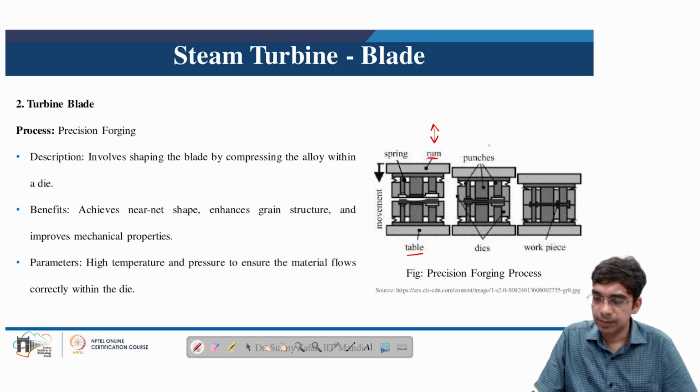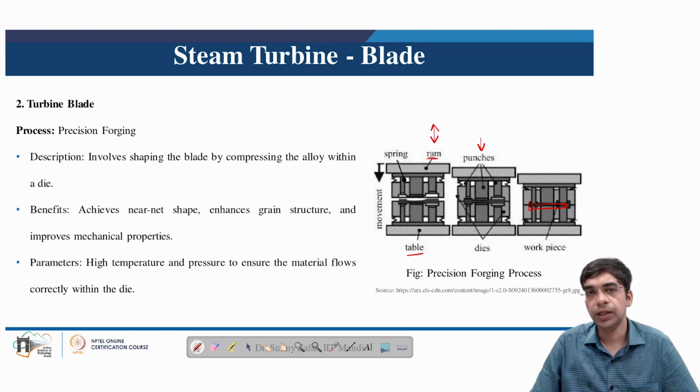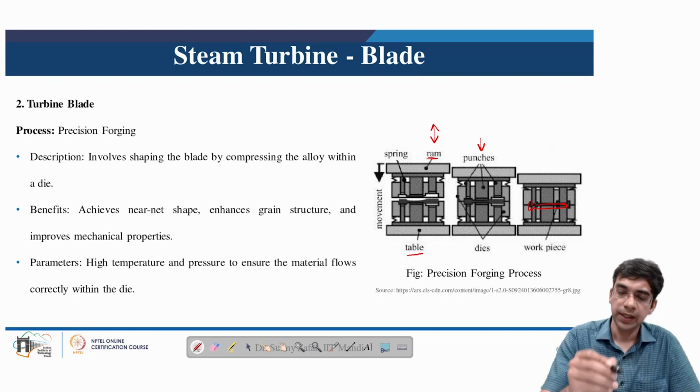Upon application of the compressive force, the dies are closed and the material is then allowed to flow within the die as shown here, because of which it can take the shape of the die cavity.